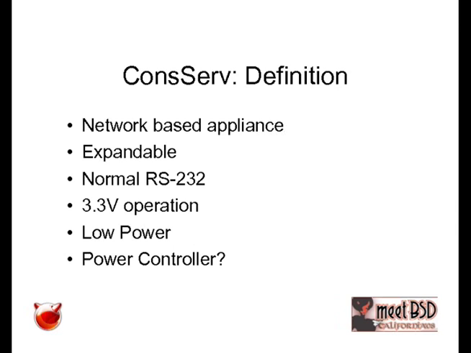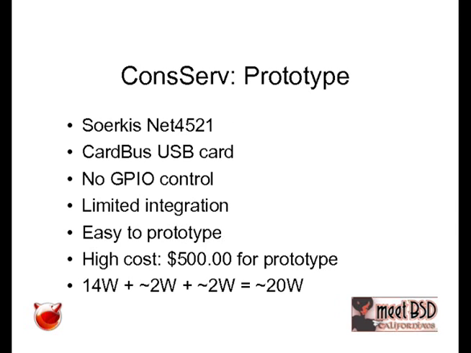So I created a prototype system. And this is kind of the normal way that you would create an embedded system. Create a prototype system that was very easy to do. I used one of the older Soekris net cards, plugged a USB CardBus card into it, plugged in a hub, plugged USB serial adapters into that.